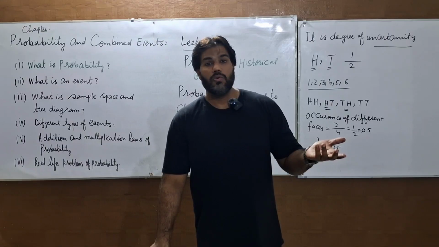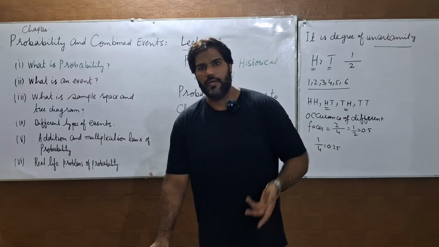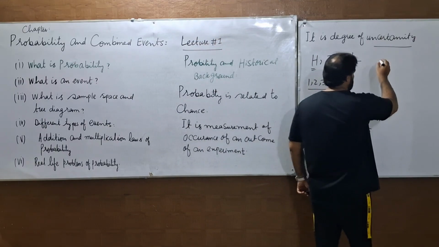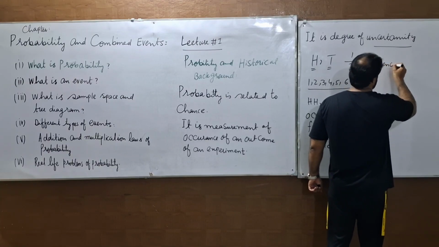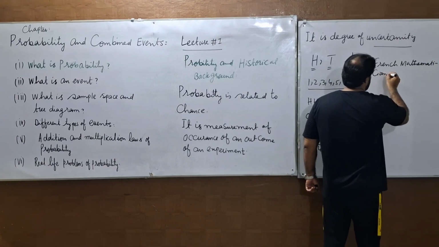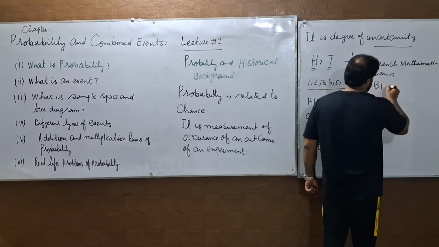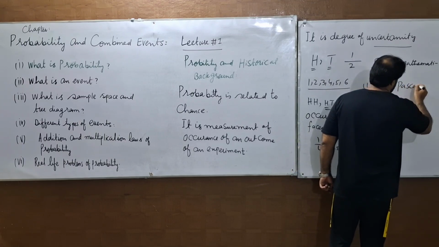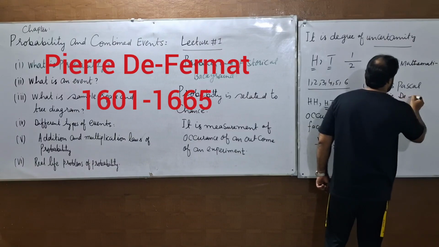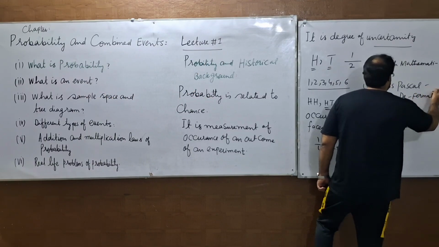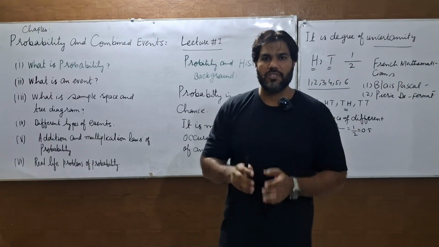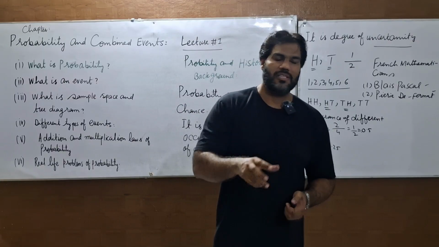They did not know the actual calculation behind probability. The first were two French mathematicians, Blaise Pascal and Pierre de Fermat, who firstly introduced the definition of probability in the form of mathematics.